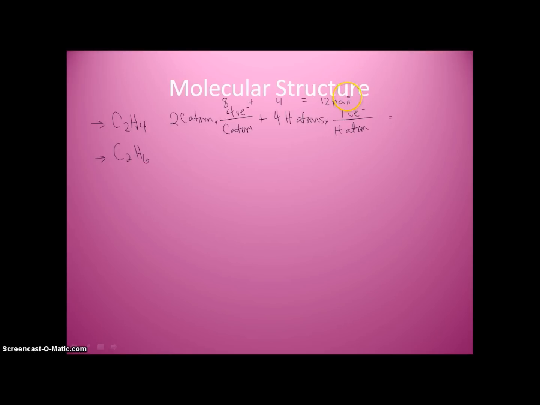Now remember, these pairs can either be lone pairs or shared pairs. And so when we're looking at this, carbon is almost always the central atom, but also it has the least amount of atoms. And whenever you have more than one, typically they're straight across from each other. When you have 3, they kind of make a zigzag pattern. But in this case, when we're looking at 2, they'd be straight across from each other.